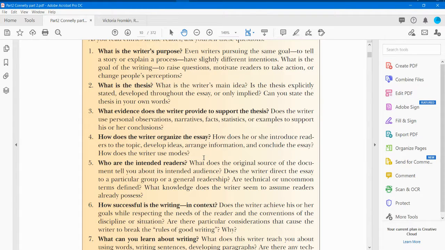Next is the thesis, the main idea. Although we may know the motivation, what's the main idea of the piece of writing? So, if you have someone writing a description of, let's say, a hamburger at McDonald's, their motivation is to sell hamburgers, right? Lots of hamburgers. But what's the main idea? There are many items on the menu.